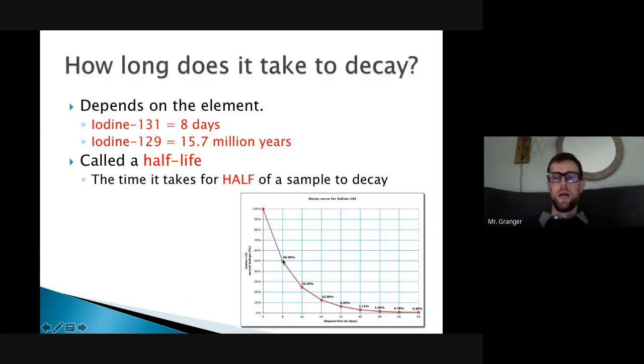So we see the first plot going from 0 days to 8 days. 50% of this has undergone decay. Then to go from 50% down to 25%, to get the other half to decay, it's going to go 16 days. So 16 days out, only 1/4 of the sample would still be radioactive.